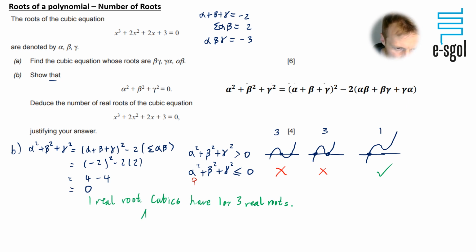As the sum of the squares, so as alpha squared plus beta squared plus gamma squared equals 0, not all the roots are real. So that's kind of explained why we only have one real root.